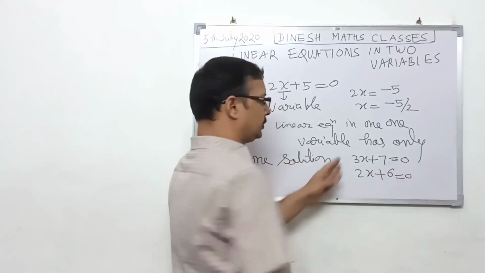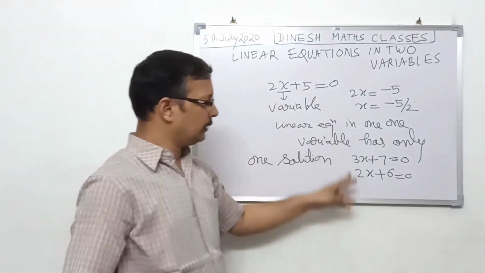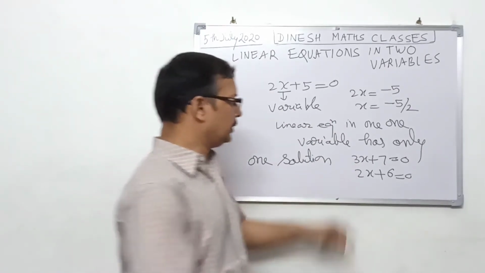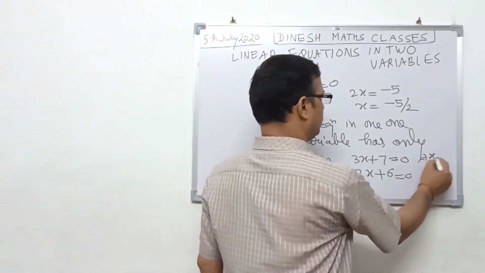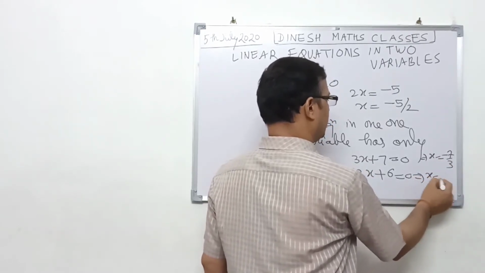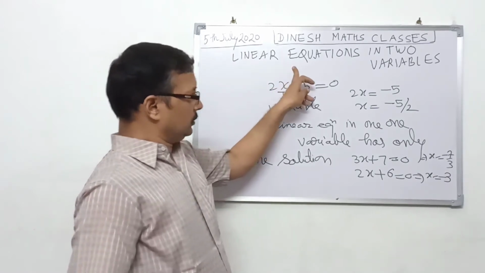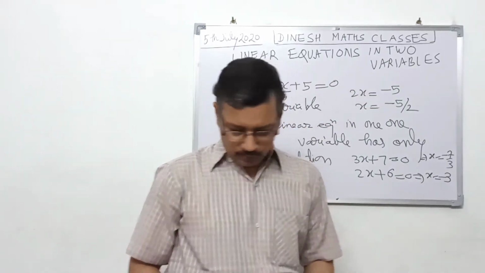All these are examples of linear equation in one variable, and each of these will have only one solution. Solving this will give you the solution as x equal to minus 7 by 3. Here you will get x equal to minus 3. But now we have to study about linear equation in two variables.